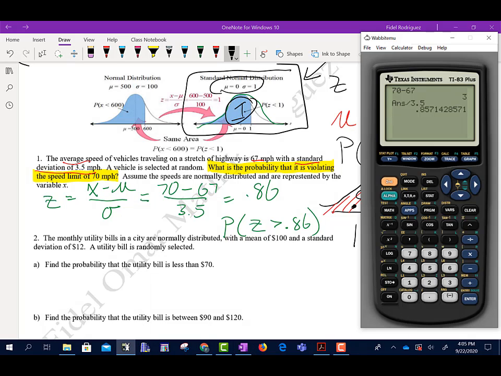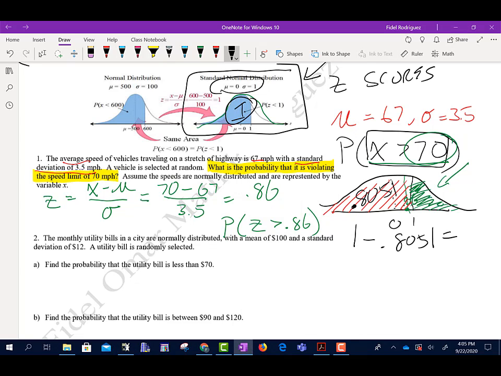I can do that on my calculator. 1 minus 0.8051, and I'm coming up with 0.1949. So this is how I would do this problem if I decided that I wanted to use my table.